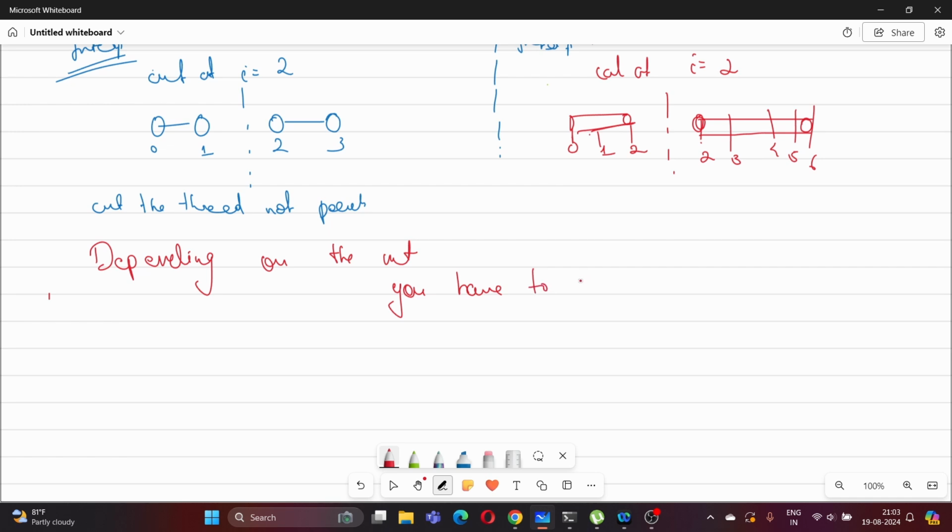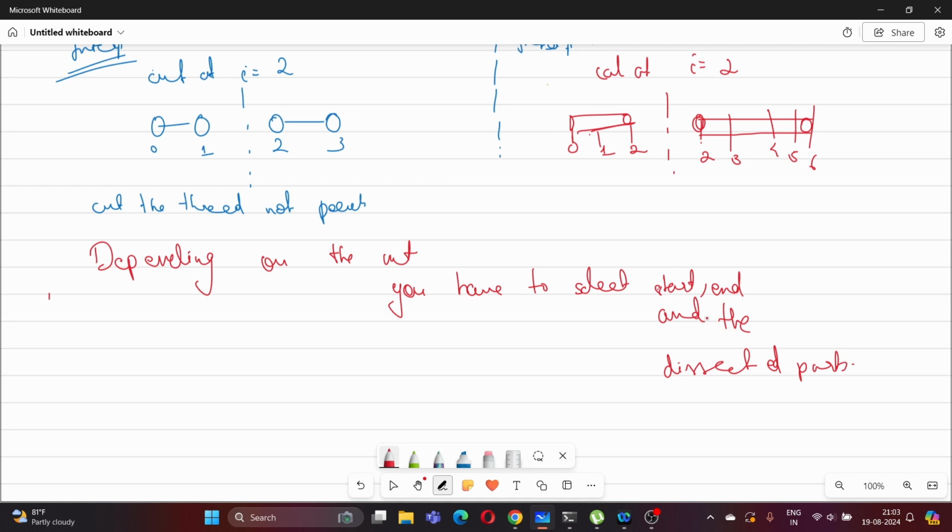You have to select the start and end of the dissected parts. That's the crux of the whole thing. What happens after that is that maybe you will have a cost, maximizing the cost or minimizing the cost. That all comes according to the question, but this is the basic crux.